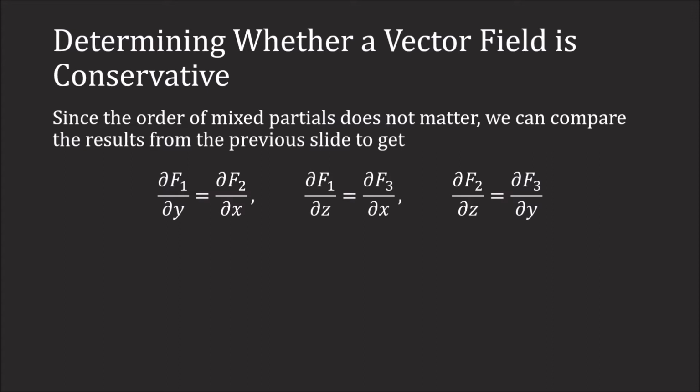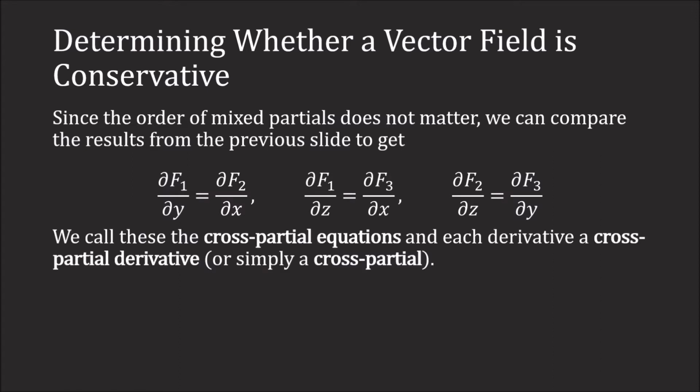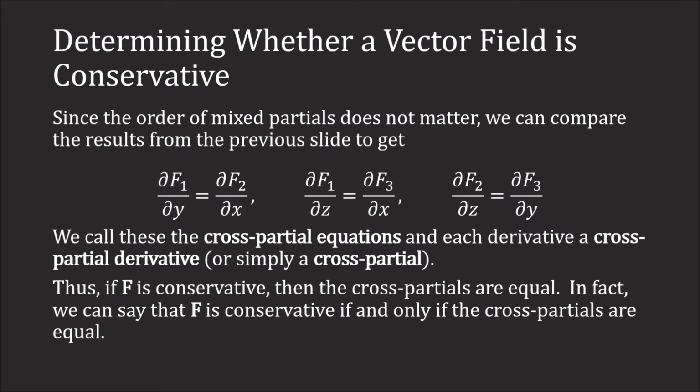Now we call these the cross partial equations, and each derivative a cross partial derivative, or simply the cross partial. Thus, if F is conservative, then the cross partials are equal. And in fact, we can say that F is conservative if and only if the cross partials are equal.